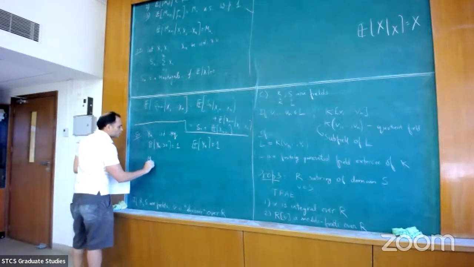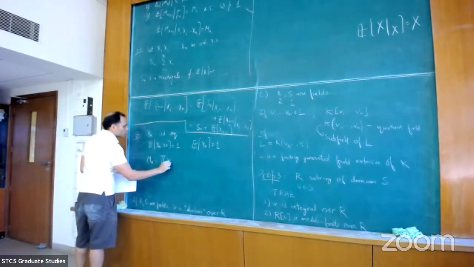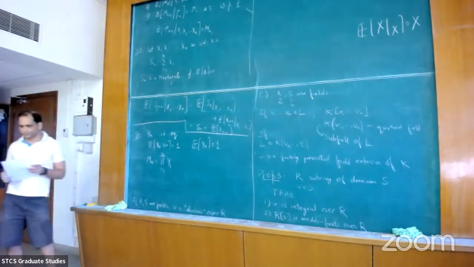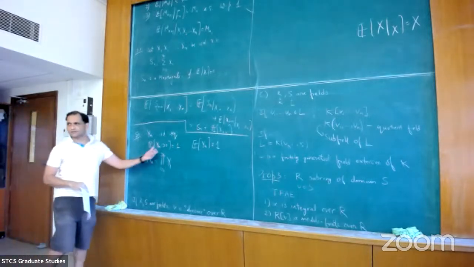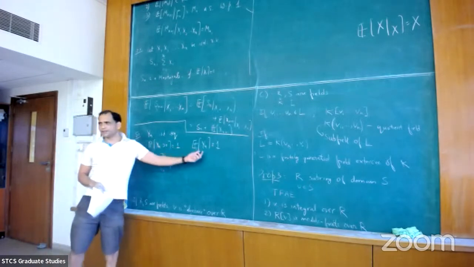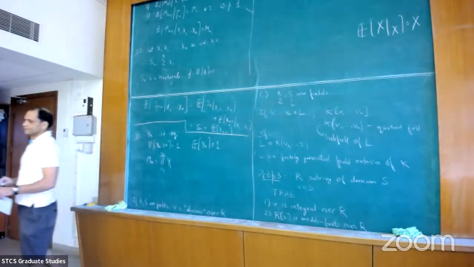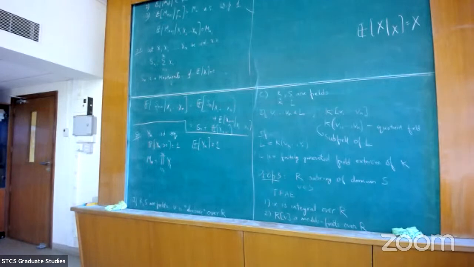Fine. Mn is equal to the product of the Yi's. It just takes positive values with probability 1, and expectation 1. That's all. Now the claim is that Mn is a martingale.